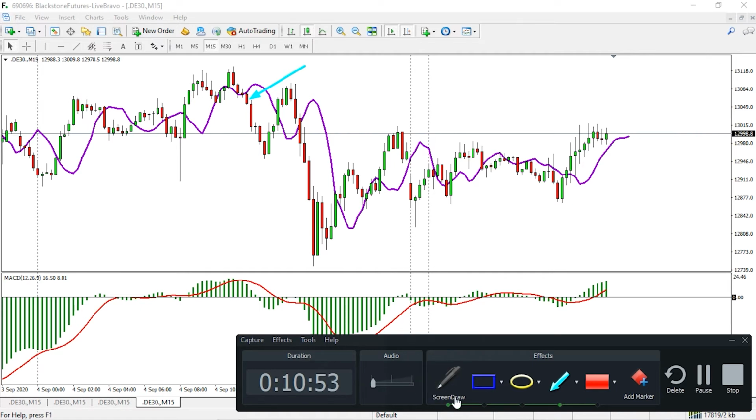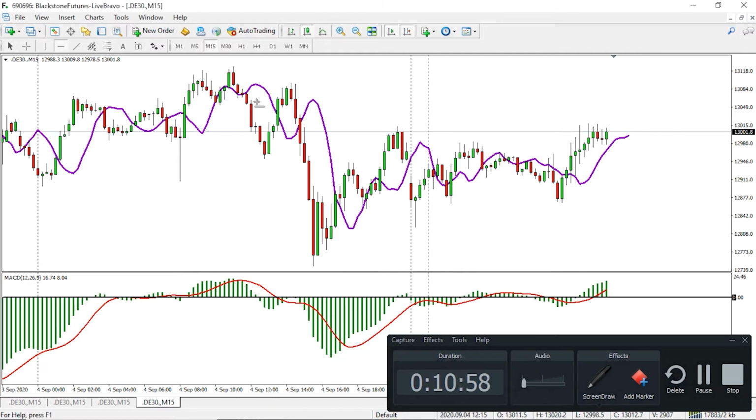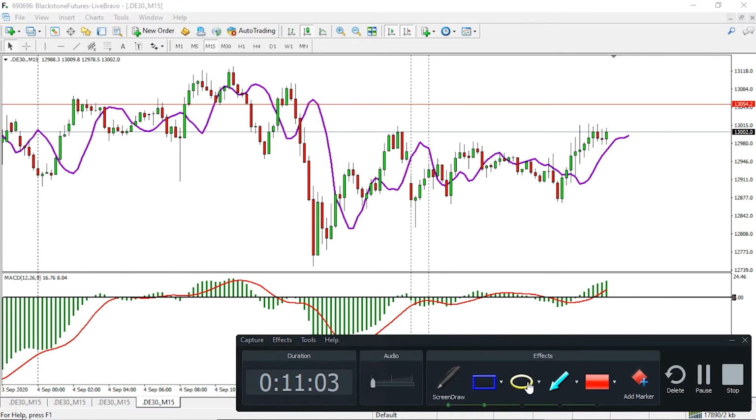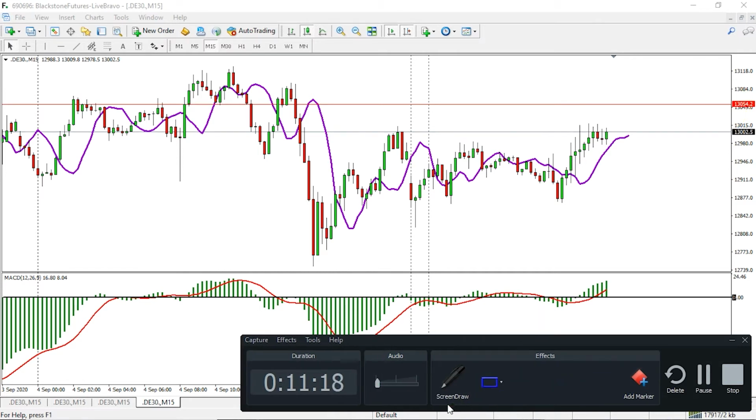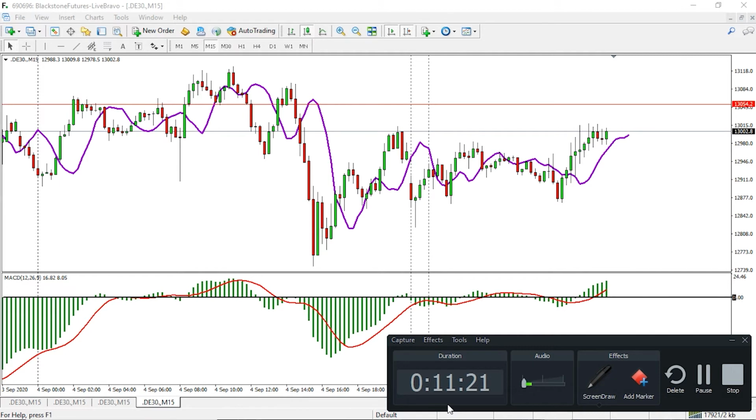So in this particular instance, our entry would be on the open of this candle, and as you can see on the right hand side, our entry would have been 1.3050 approximately. Now our stop loss, we would use either our previous high or previous low, and we'd maybe use just a handful of pips above that to make sure that we've catered for that.